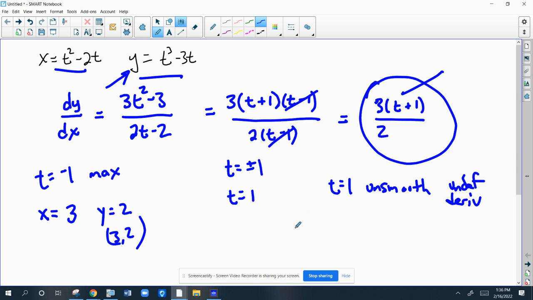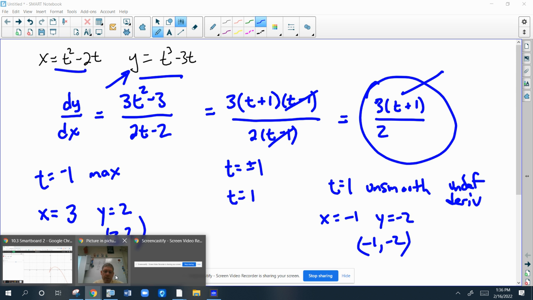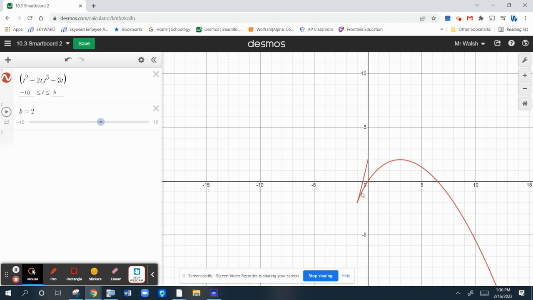If you plug in 1 to x up in the upper left-hand corner, you will get x equals 1 minus 2, negative 1. If you plug in t equals 1 to the y, you'll get 1 minus 3, which is equal to negative 2. So that unsmooth point, the undefined derivative, should be at negative 1 comma negative 2 in the coordinate plane, and it is.